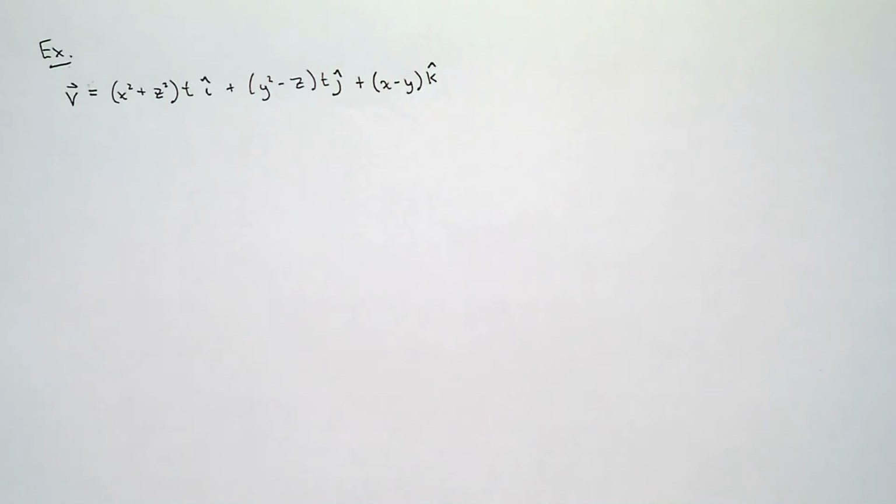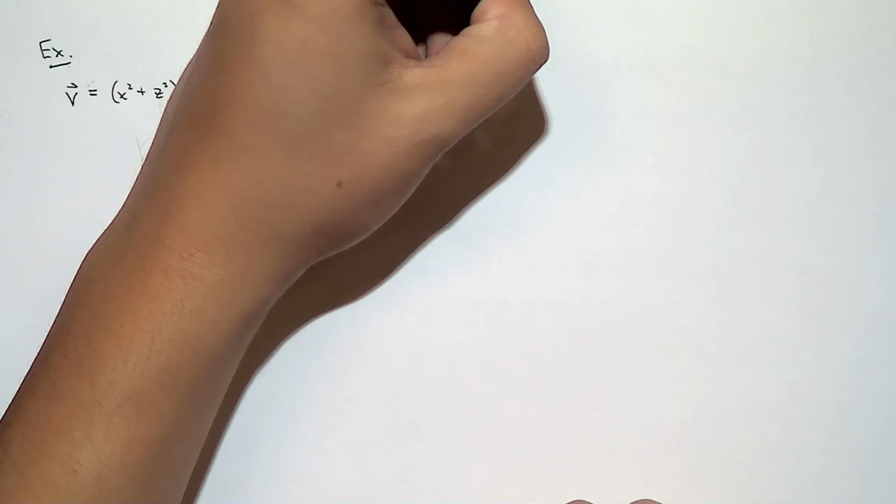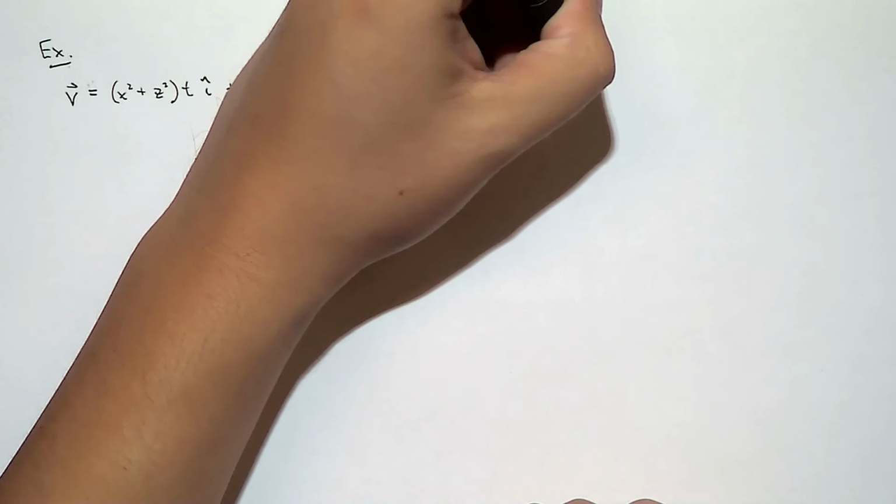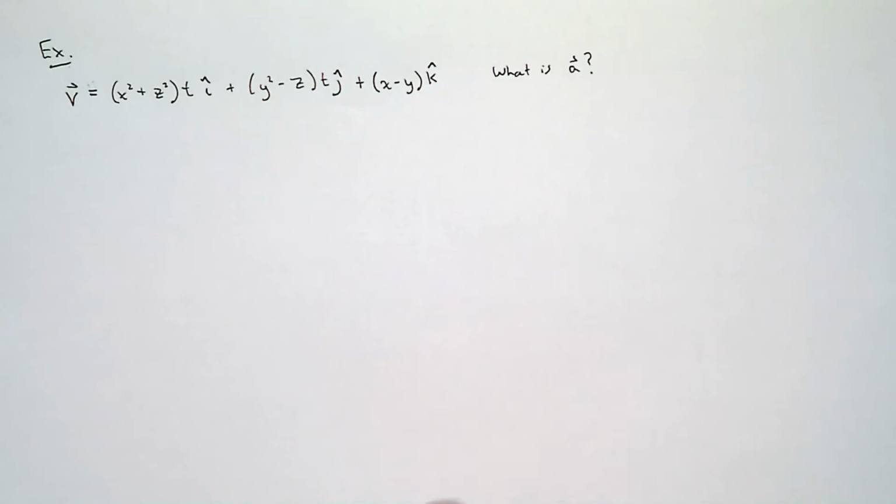And like I said, this week we're going to try not to focus too much on units. We want to focus on the actual operations, and later we can start adding units. This is the velocity of a fluid particle, or velocity field of a fluid body. Now my question is, what is the acceleration of this fluid body?